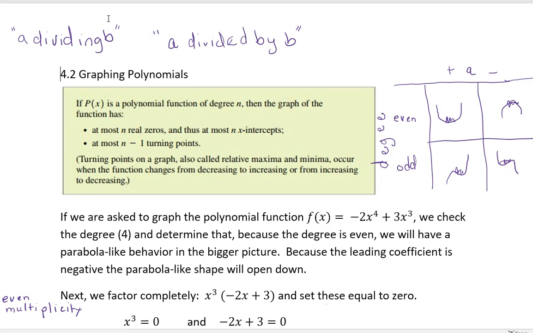Okay, and the turning points on a graph, we normally think of them as being minima, maxima, all of that. It's not too difficult to understand in that regard.